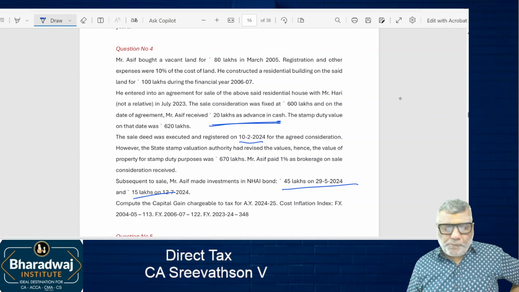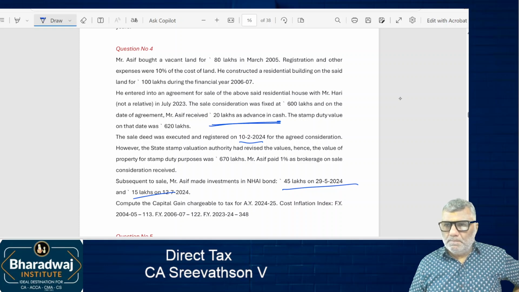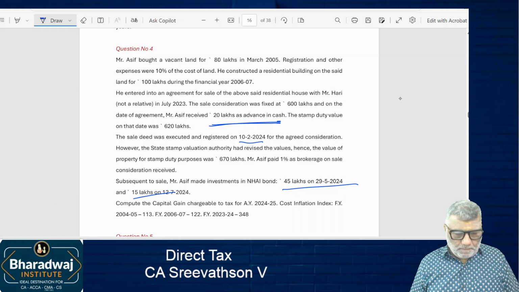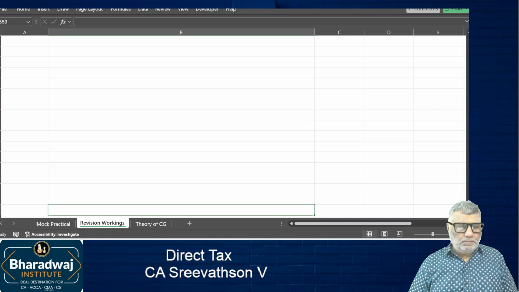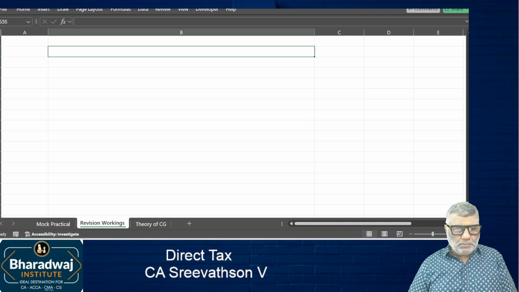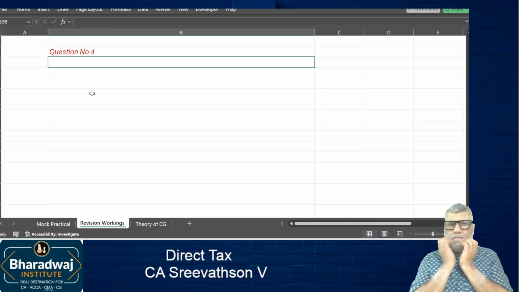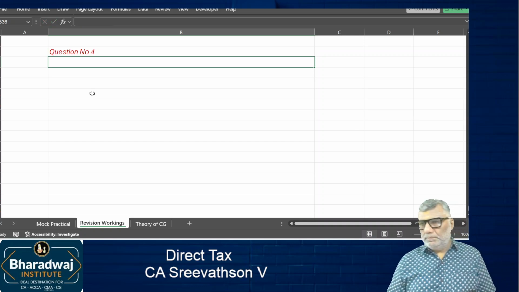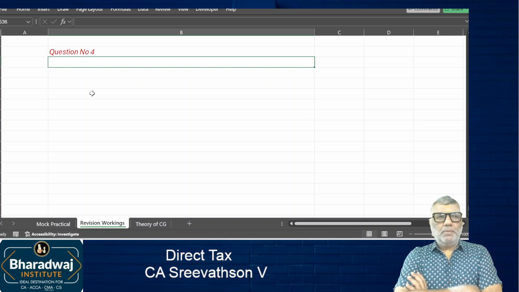Read through. So if I recollect section 50C and also 43CA, 56, on which date should stamp value be taken?